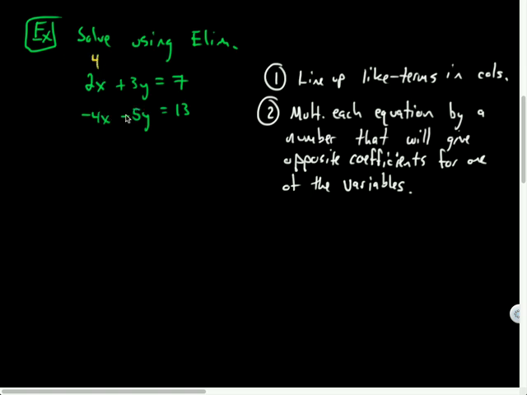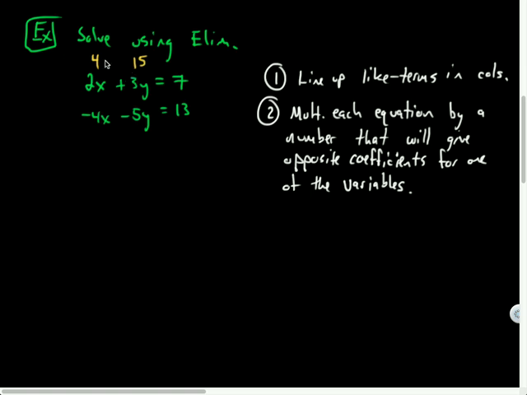And what's the smallest number that both 3 and 5 go into? 15. So in my case, I'm going to shoot for opposite x's merely because this is smaller than the opposite y's would be. So this 4 is literally like finding the LCD between 2 and 4. That's where those numbers came from.